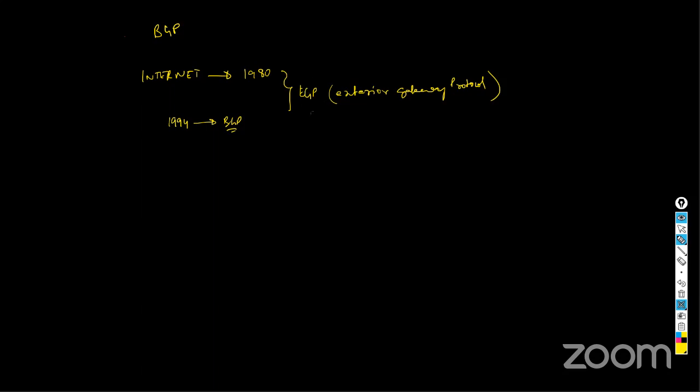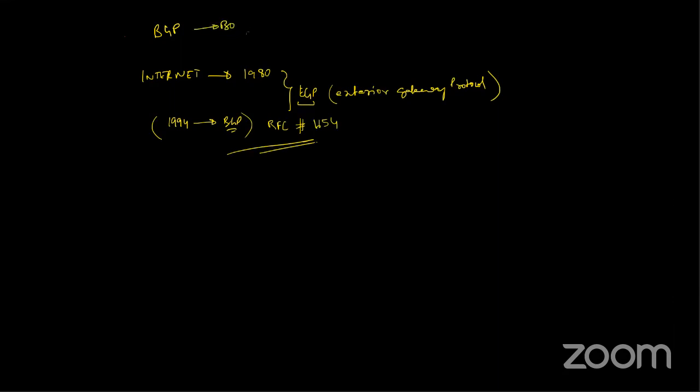But the drawback of EGP was that it was not scalable, and that's when BGP was launched, and the specification, or what we call a Request for Comments, was RFC 1654. Okay, as you all know, BGP stands for Border Gateway Protocol.